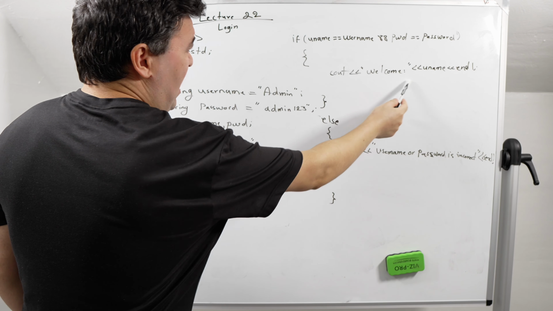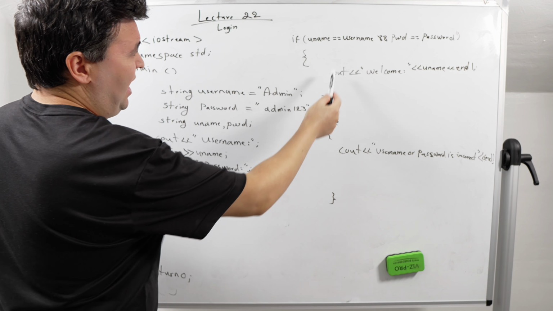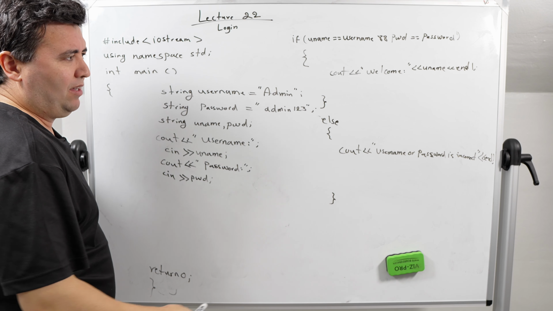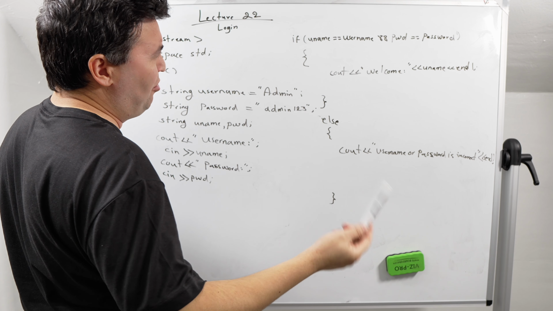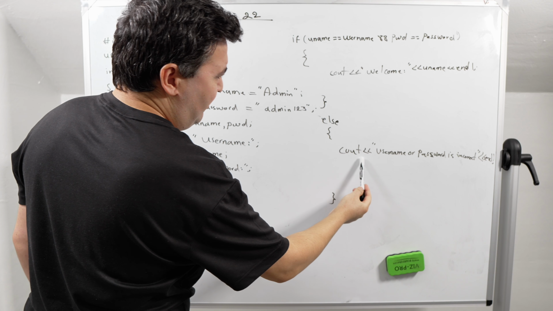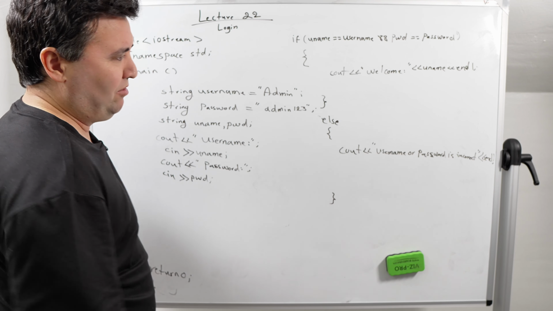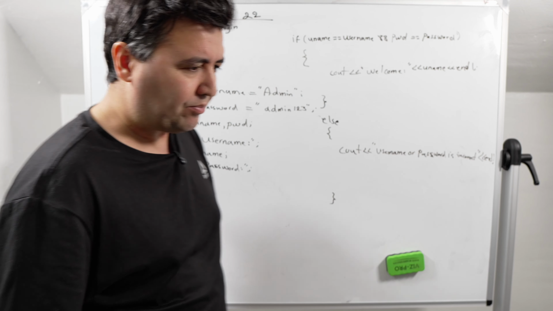So we say welcome admin. And if the condition is false, if the user enters an incorrect username or password, the else section will be executed, and we cout in the else section, username or password is incorrect.